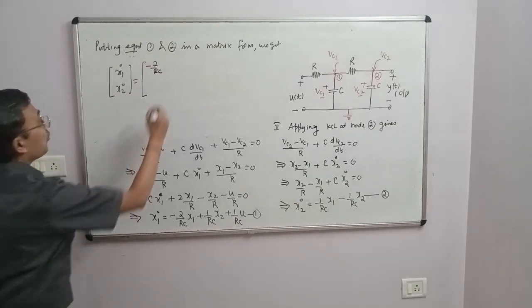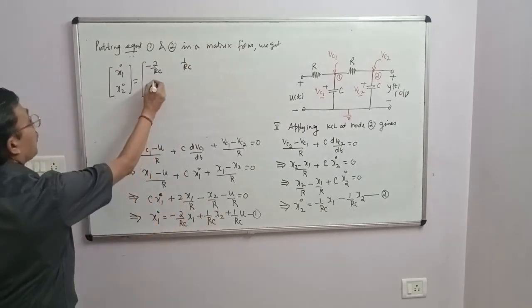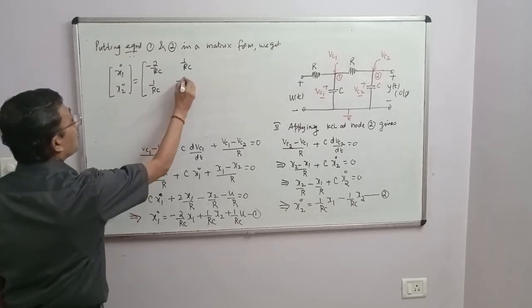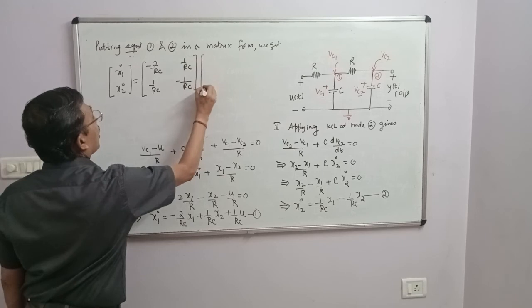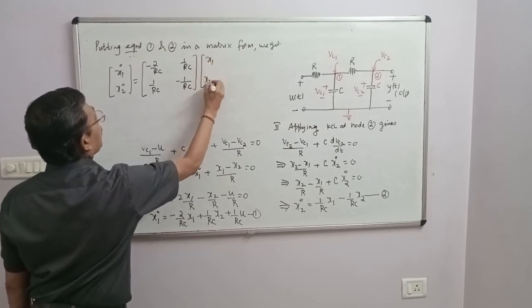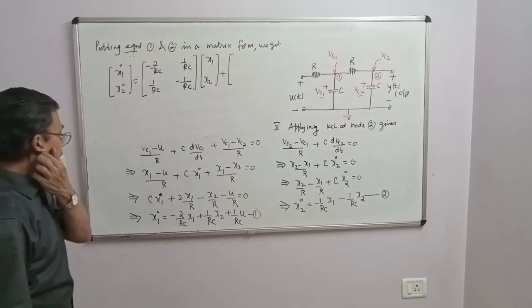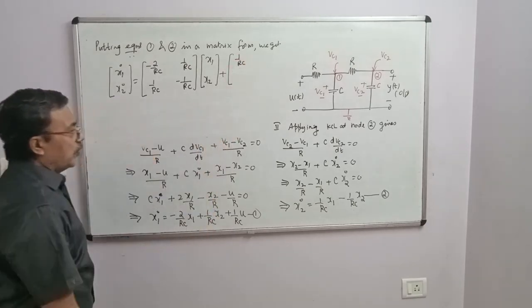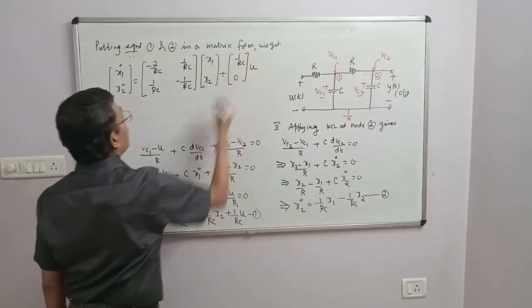Coefficient of x2 is 1 by RC. In equation 2, coefficient of x1 is 1 by RC. Coefficient of x2 is minus 1 by RC, multiplied by the column matrix x1, x2, plus. In equation 1, the coefficient of u is 1 by RC. In equation 2, there is no u, therefore this element is 0, multiplied by u.